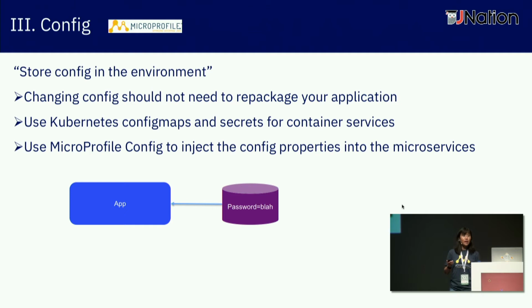So externalize your config. You can use MicroProfile Config to directly inject the config value from the config sources, and then you can change the value in the config sources. In this way, your application doesn't need to know where the value comes from. It just consumes the value. If you use Kubernetes, you can define the config value in a config map or secrets, for example.